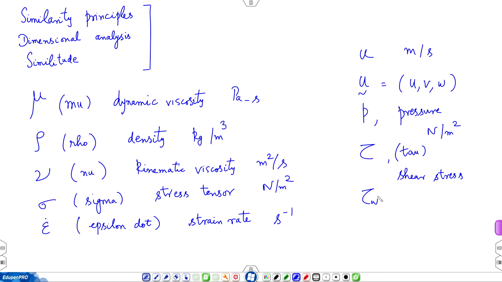So, when they act on the wall, they have their own directions. Pressure is normal to the surface, shear stress is tangential to the surface. And we combine all the information and construct the force acting on the object. So, a certain amount of fluency with symbols is essential.